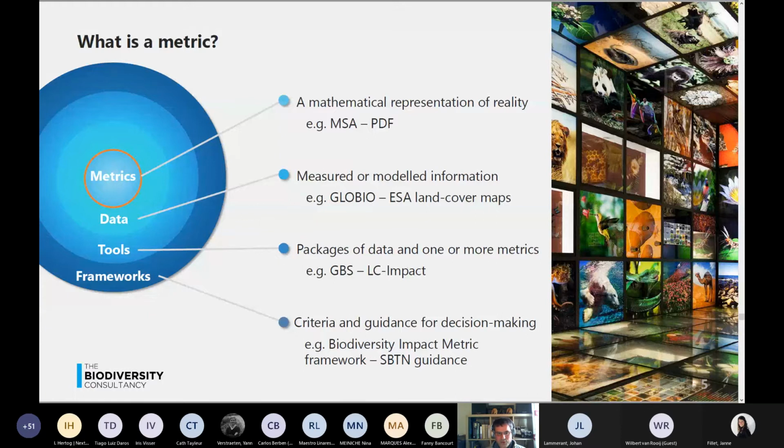And then you have more broadly frameworks which provide criteria and guidance for how to choose a metric without necessarily prescribing one or another. So examples may be the broad version of the Biodiversity Impact Metric that Cath referred to, or the Science-Based Targets for Nature guidance, which talks about which types of metric you may want to explore in different situations.